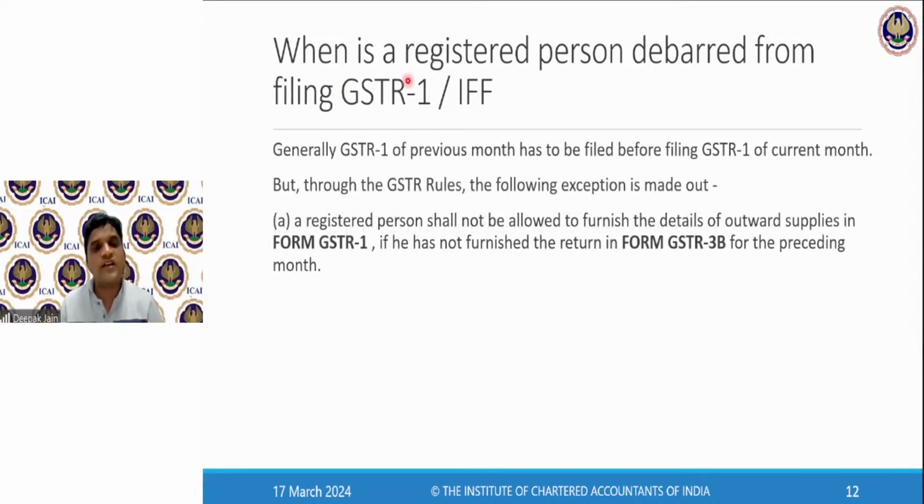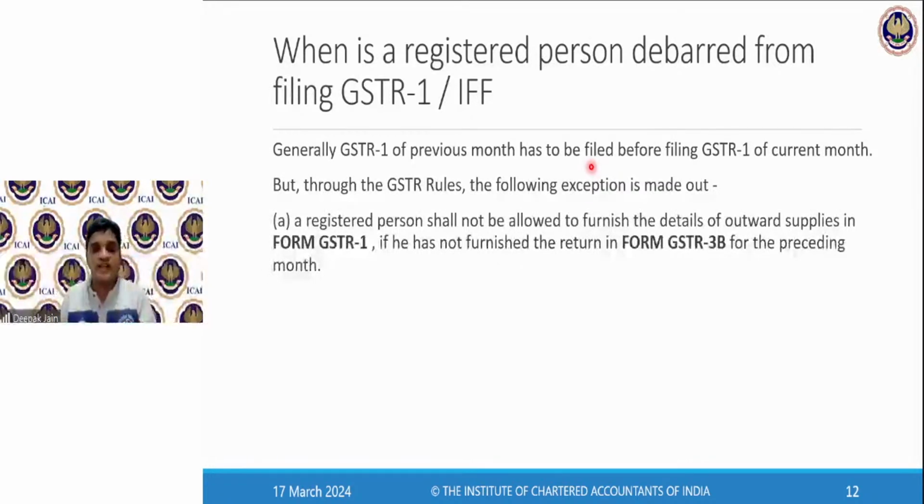Okay. Generally, when is the person debarred from filing GSTR-1? You're doing this filing of GSTR-1. Now the government may give restrictions saying that you are not allowed to file GSTR-1. Generally GSTR-1 of the previous month has to be filed before filing GSTR-1 of the current month. Like how we said 10th is the due date, then the commissioner had a power so that relaxation of 11th and 13th happened.